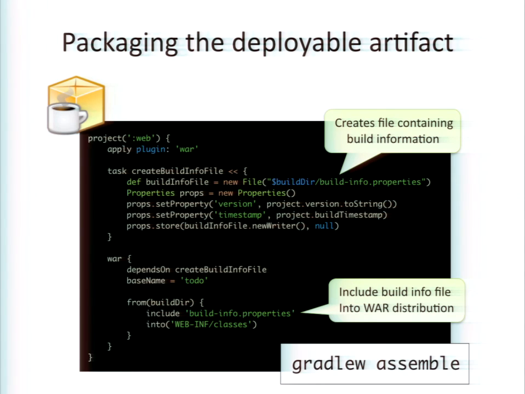You're right. I'm not exactly sure if it serves the same use case. So maybe let's have a look at the end of the talk. It really depends on what you want to include. There's also, if you happen to use Artifactory, a great plugin by JFrog, which packages up a whole lot more information and publishes it in a way to Artifactory so that Artifactory can make sense of it.